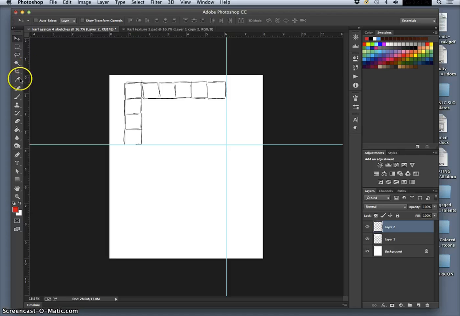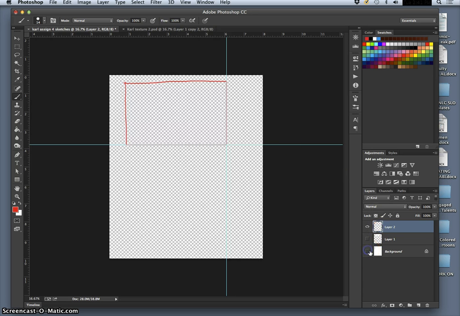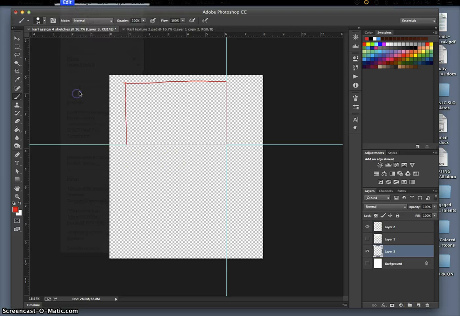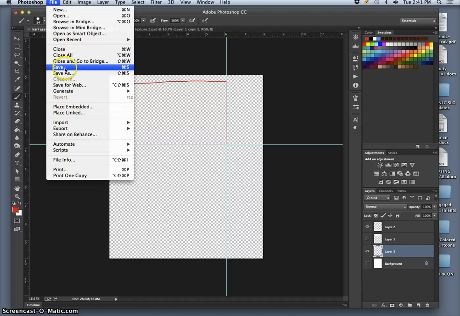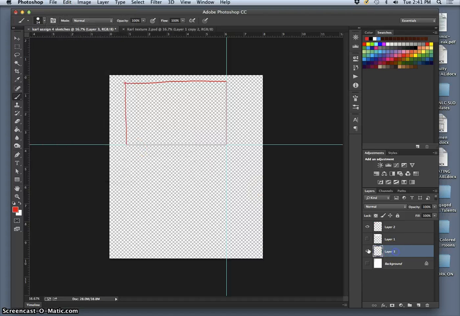All right, so I know that my camera is roughly this size. So that's my frame. And you can be pretty sketchy, but you do want to try to get that size right. Come on. Here we go.